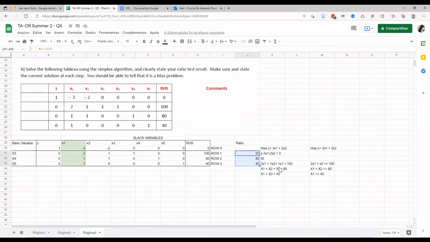What's happening here is that I have in my slack variables all the value that I can. So in my first slack variable, over here, I added 100. So x1 and x2 are 0, and x3 is 100.